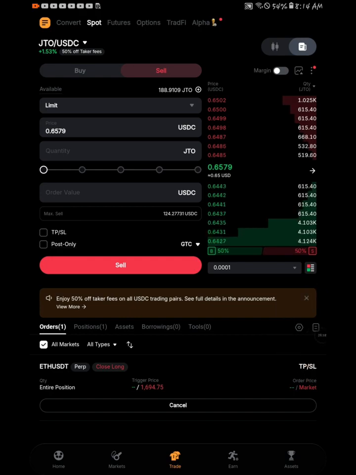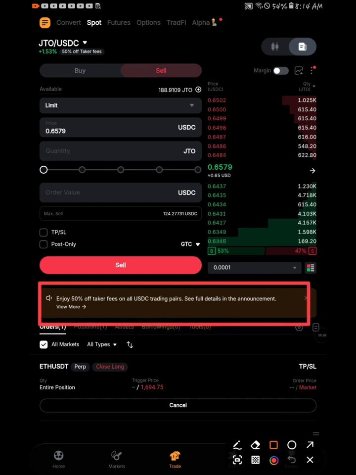So they are trying to bring a catch so it can be like a win-win for both you and Bybit. Because imagine getting 50% off your trading fee. Trading fee is initially like 0.1%. So that means you will not be paying the 0.1% no more. You'll be paying 0.05%. Imagine that.